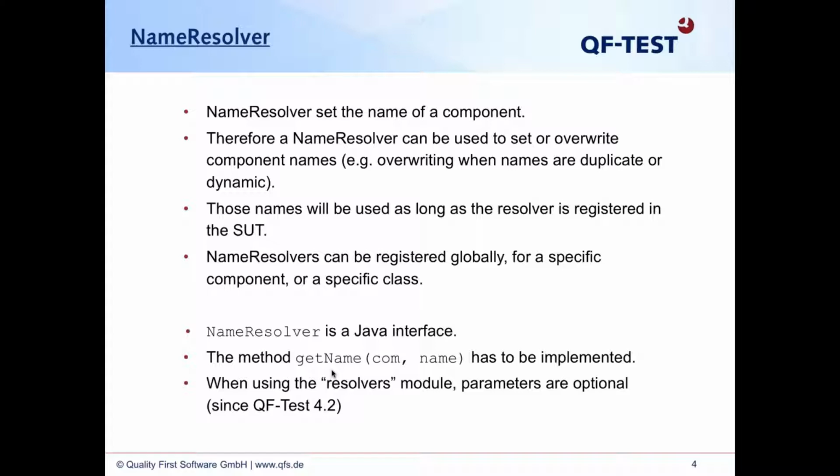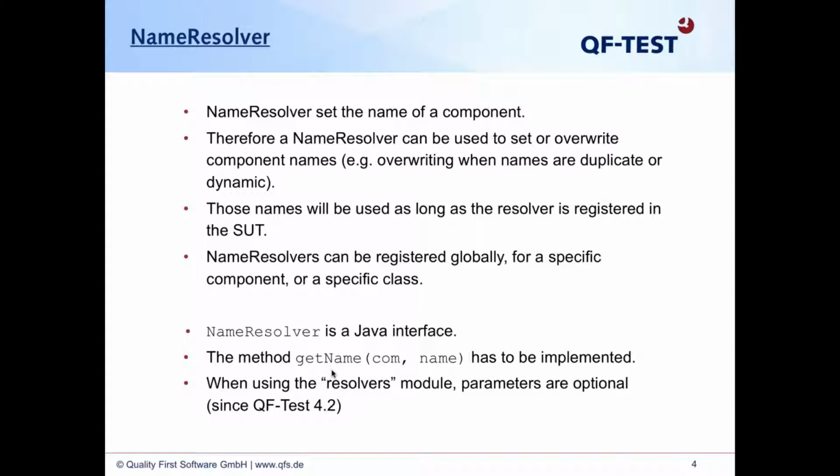So if you just want to change the name a little bit, say for this year you want to append 2019 to the original name all the time, you can use the name directly and return the manipulated string. But if you don't need the name, you just query the component itself, or make up the name with a random generator, which is not a good idea, but you can do it, then you can leave those parameters out.